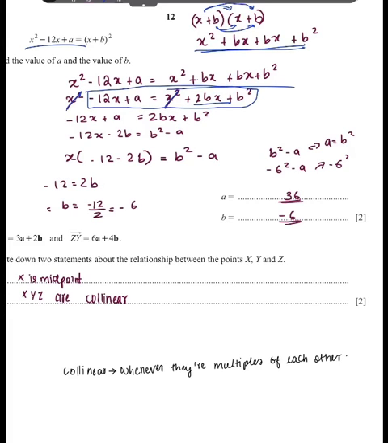Then we have to find the a and b values. What we can do is take x common. So we remain with minus 12 minus 2b, and that will be equal to b squared minus a. We are just factorizing this part, so we remove x outside.